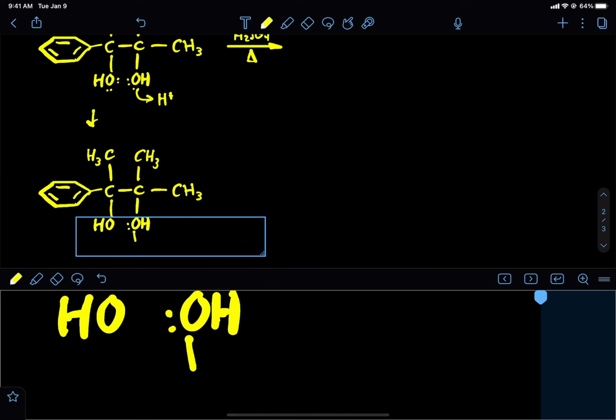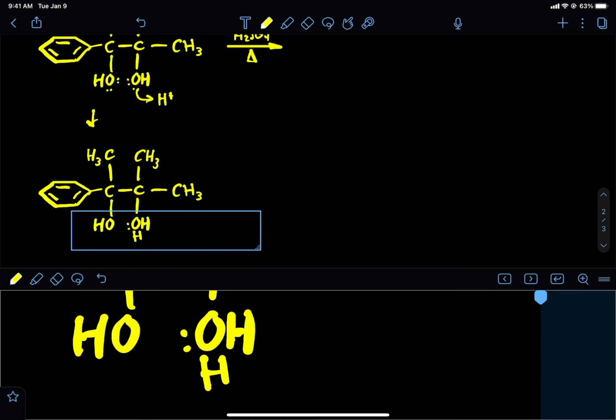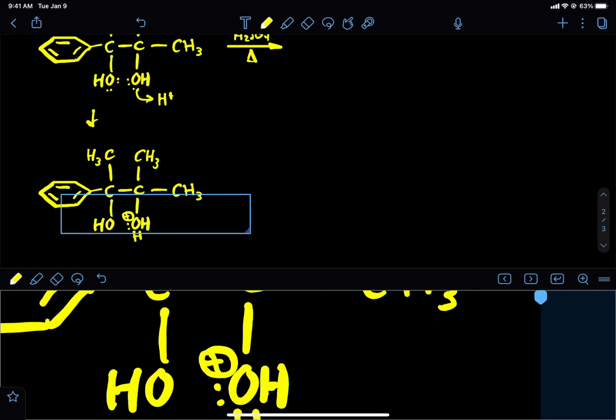That generates our water with a positive charge. And that's going to leave.